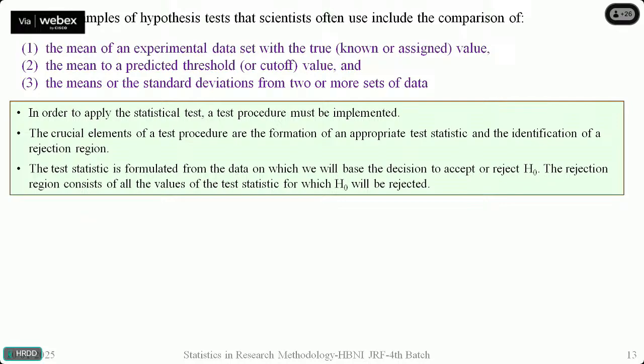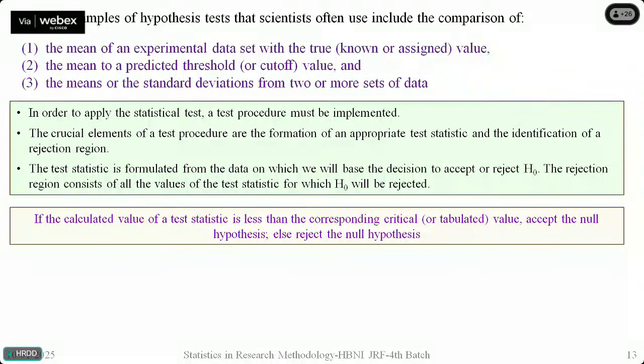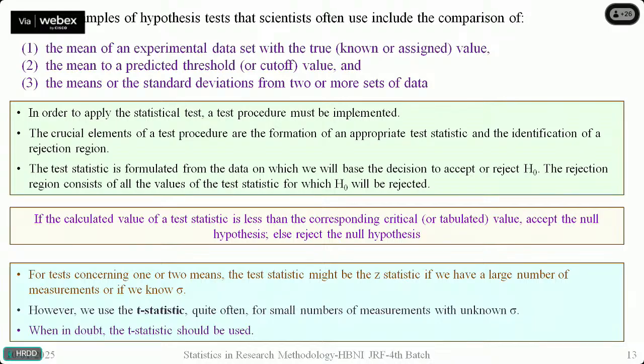Alternatively, I am deviating from this one and I am targeting something else. If the calculated value is less than the threshold or critical value, then we say the null hypothesis is valid. If not, then we go along with the alternative hypothesis.